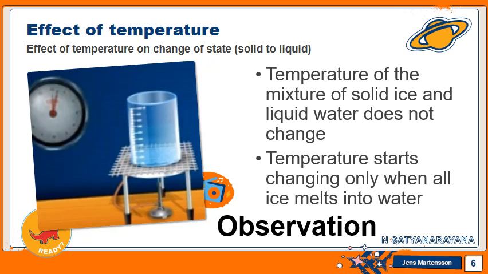From 0 degrees ice to 0 degrees water, there is no change in temperature. Again, when you heat it continuously, the 0 degrees water slowly increases its temperature. The temperature starts rising again only when all the ice has melted.